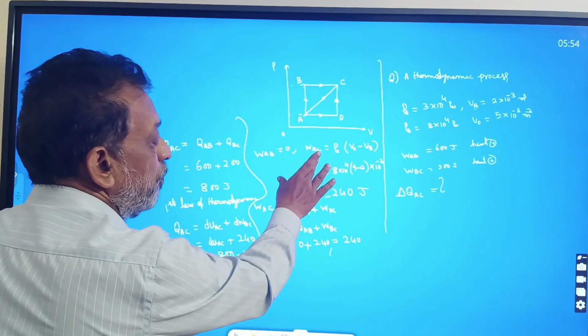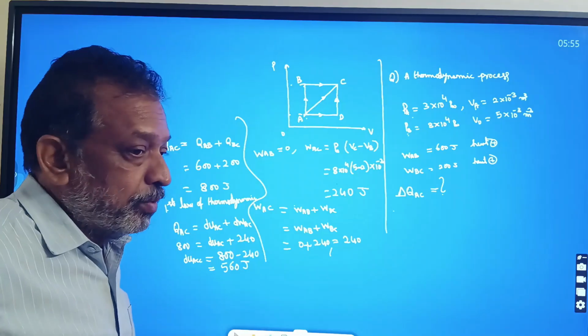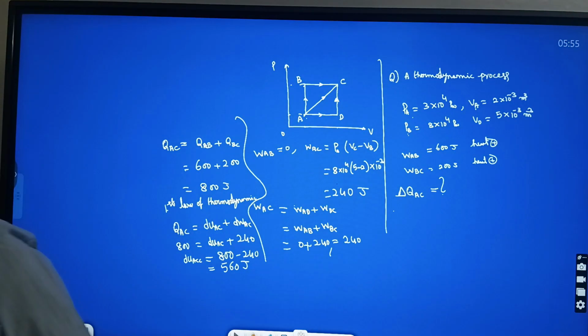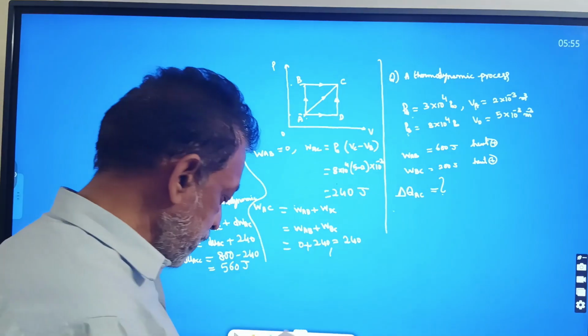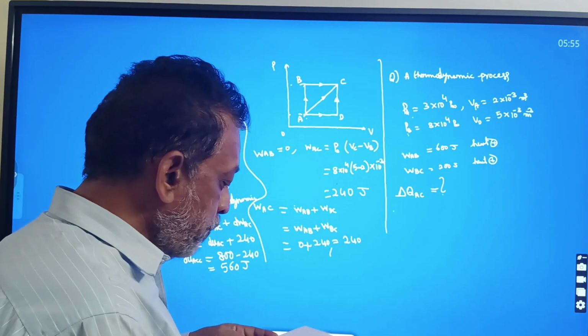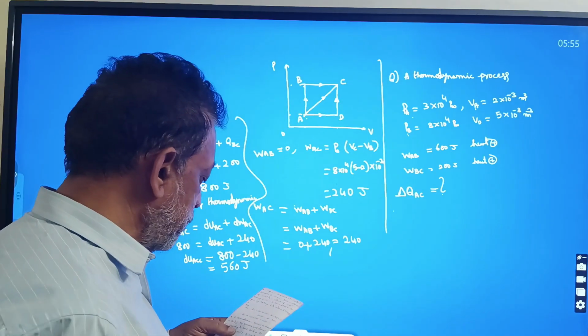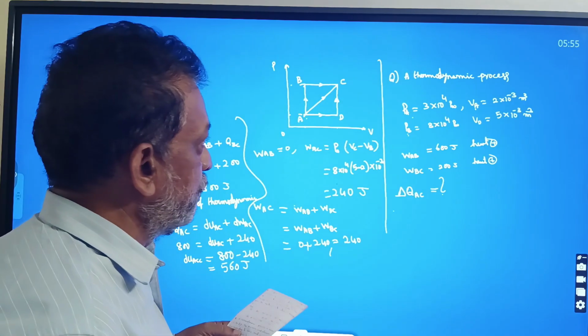Now, once again, read the problem by yourself and try to understand. A thermodynamic process is shown in the figure. The pressure and volume corresponding to some points are given here.